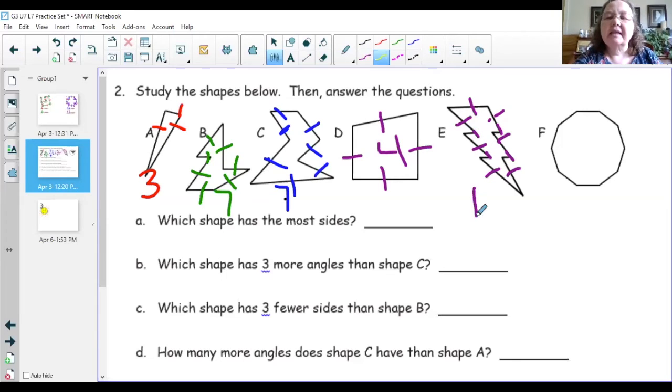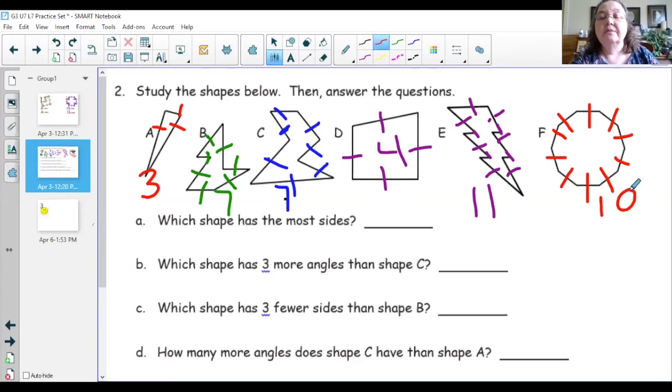This one is 11. And let's count this last one. 1, 2, 3, 4, 5, 6, 7, 8, 9, 10. Now that I've done that, I can answer the questions. So I would like you to pause it for a moment and try to answer those 5 questions that go with it, and then we'll go over it.